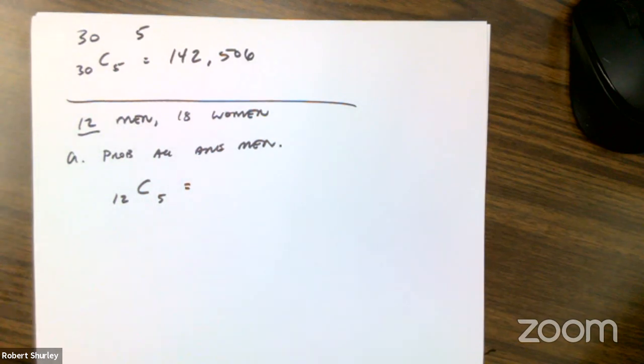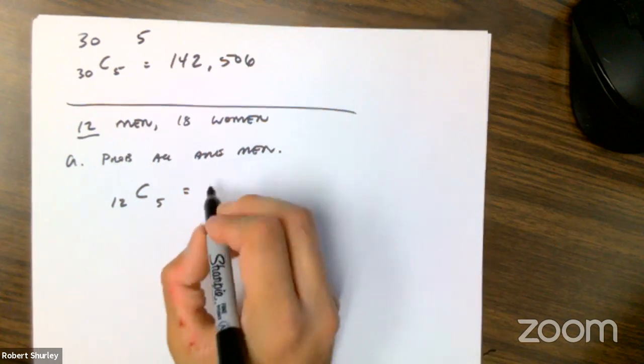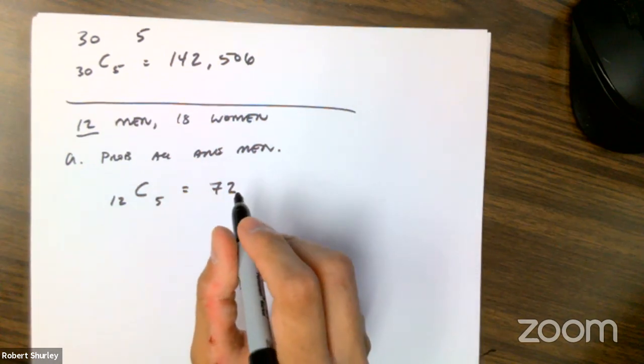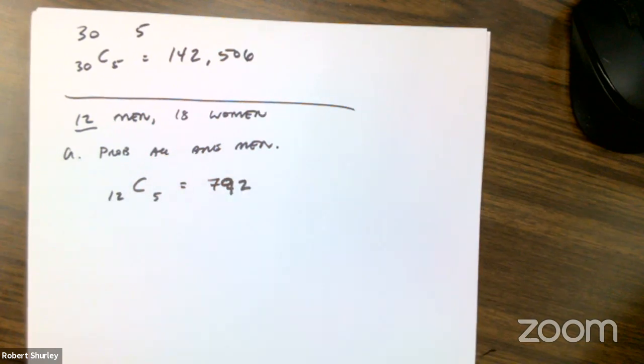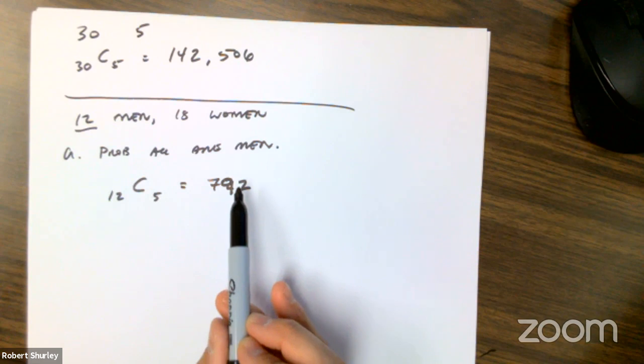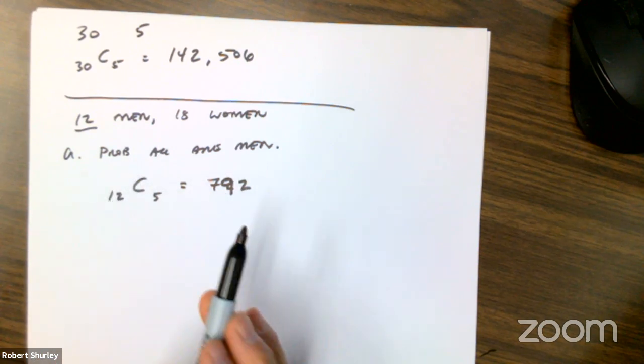Oh, that's horrible English. But let's do that. 12 choose 5. So it turns out 792. So there's 792 groups that are just all male.